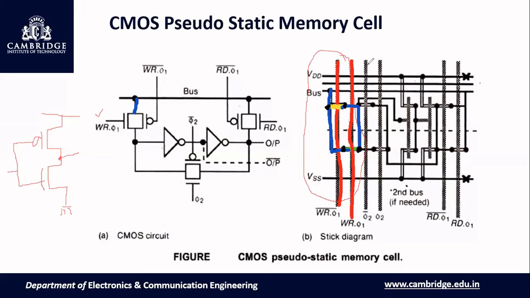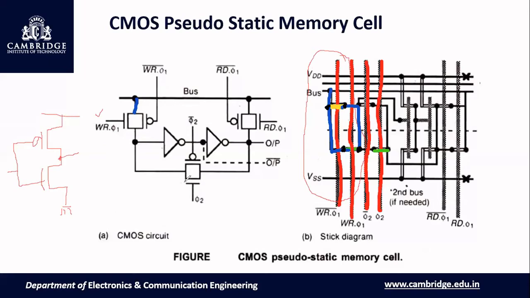So now, by crossing poly over diffusion, we'll get a transistor. Can you make out? By crossing N plus diffusion over poly, we'll get NMOS. Okay, NMOS you got.